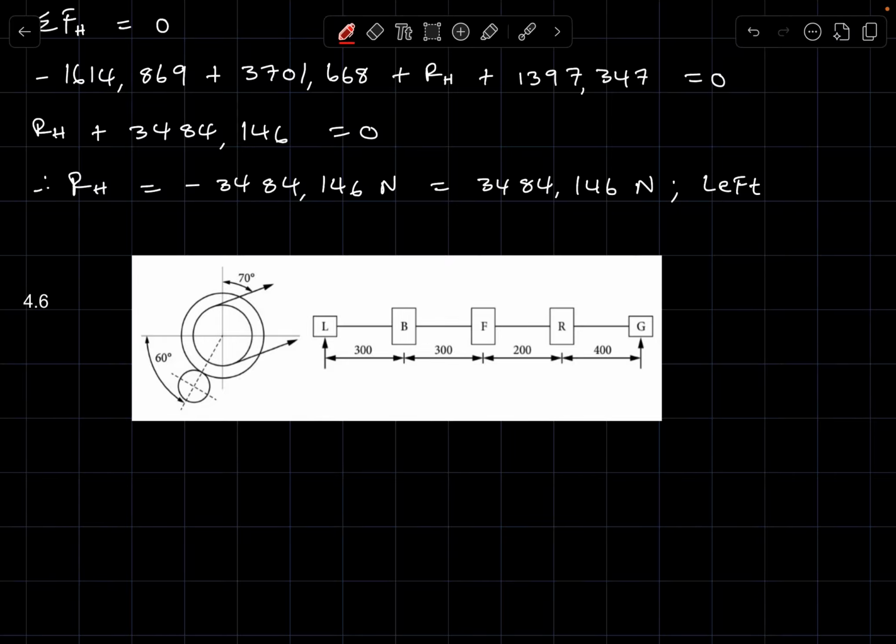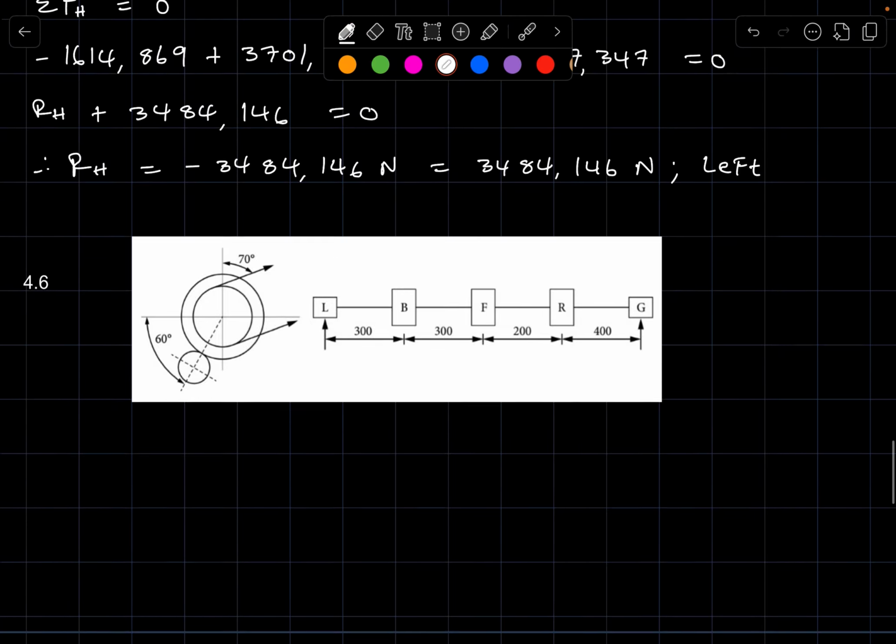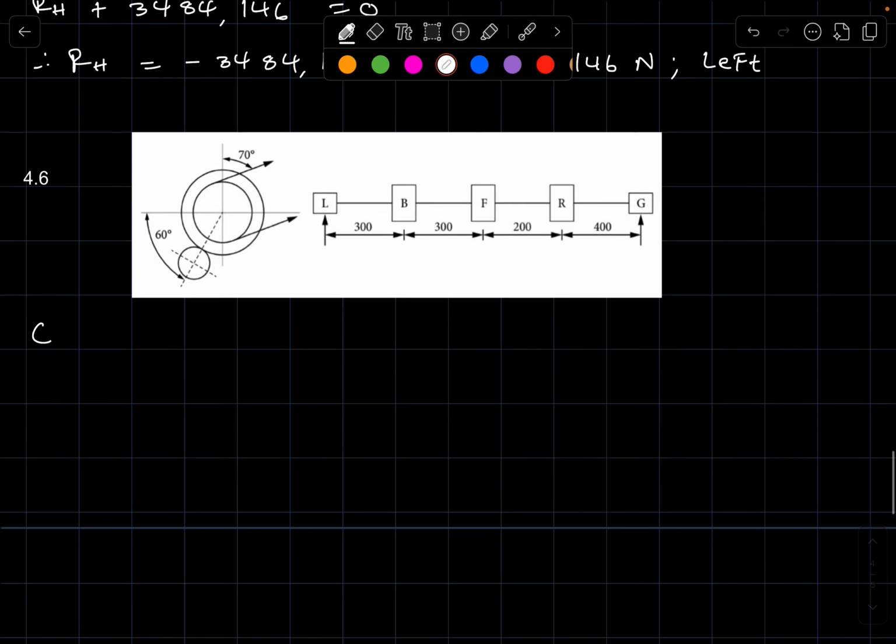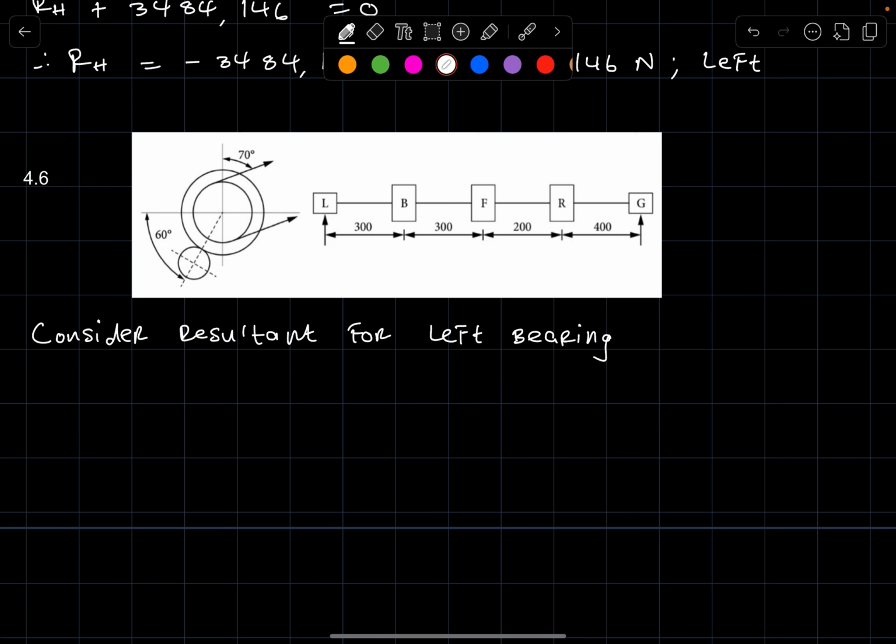So first considering the left hand bearing, let's consider the resultant for the left bearing. Right, so we're going to call this one RL.